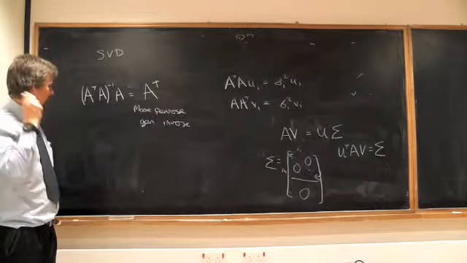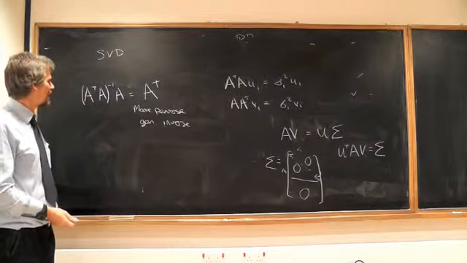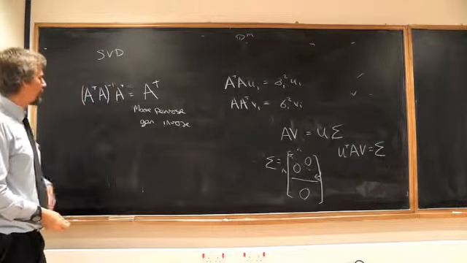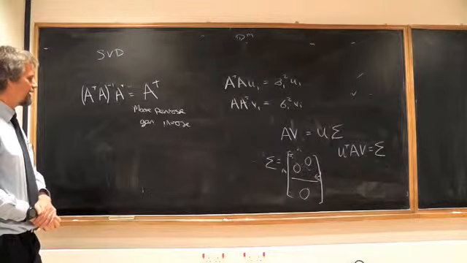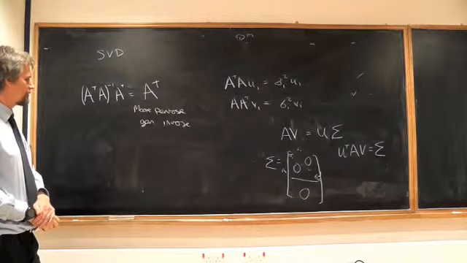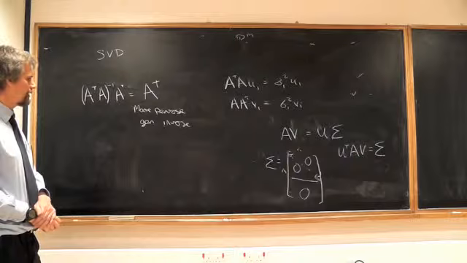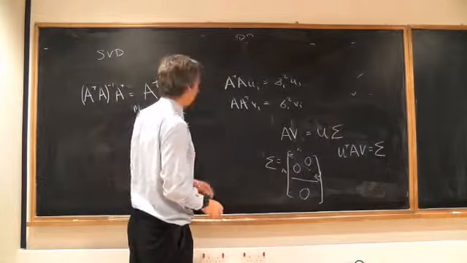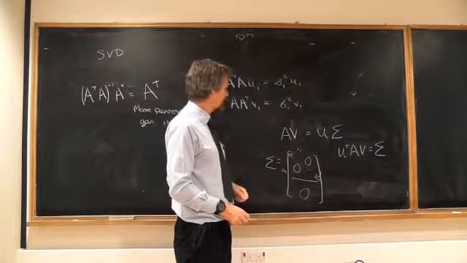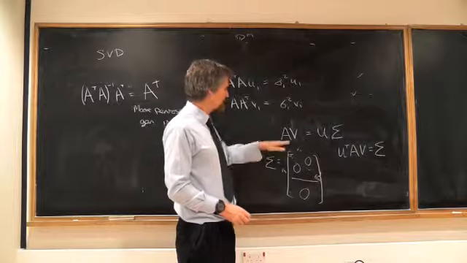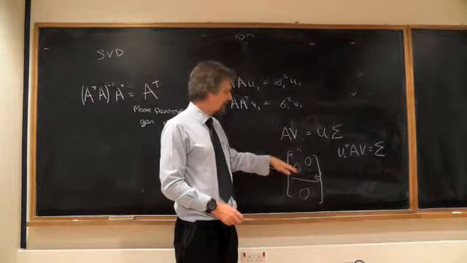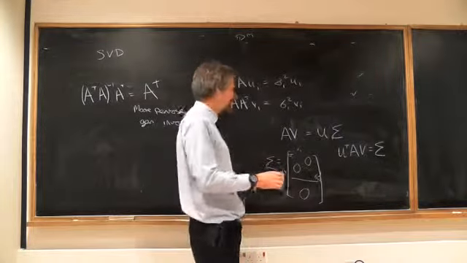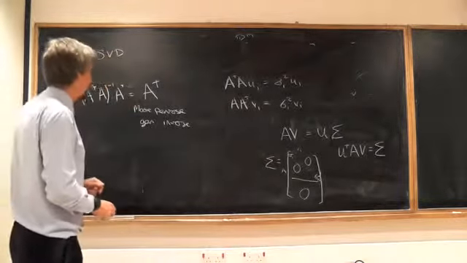Well, it turns out that it's very easy to work out A dagger, A transpose A inverse A transpose, using the SVD. So to do A dagger, well, let's just see. If we wanted to invert A times something, then we could change into the singular vectors and then just divide by sigma, right? So it's kind of easy to see how you do that.